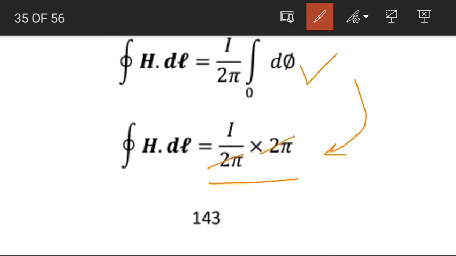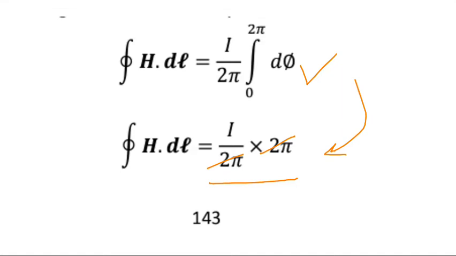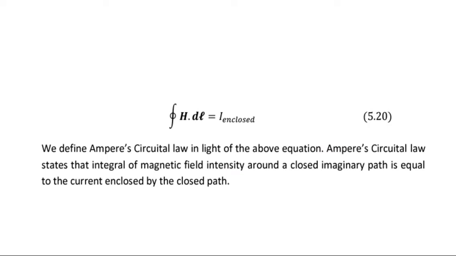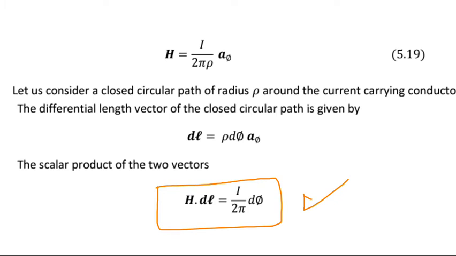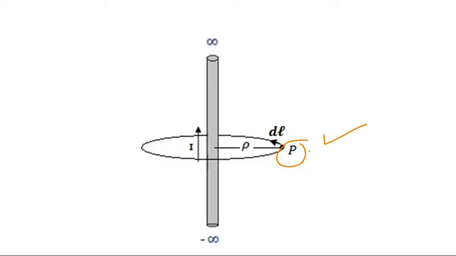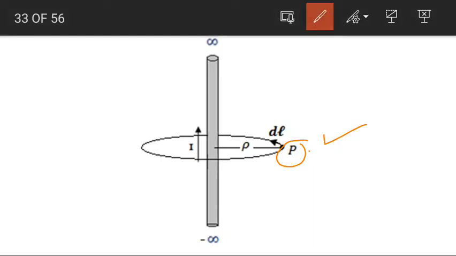So the integral of the magnetic field intensity around the closed path will be equal to the current in the conductor. And you see, as the conductor is enclosed by the closed path, if we consider this diagram, the entire conductor is located inside the closed path.